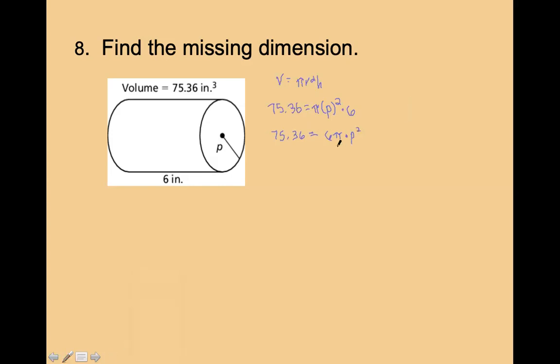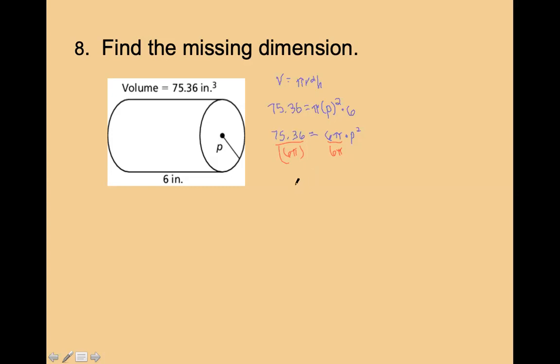I'm going to divide both sides by 6 pi because I'm trying to get P squared all by itself so I can figure out P. And when you divide this on your calculator, put parentheses around that so you make sure that it's dividing 75.36 by both the 6 and the pi.